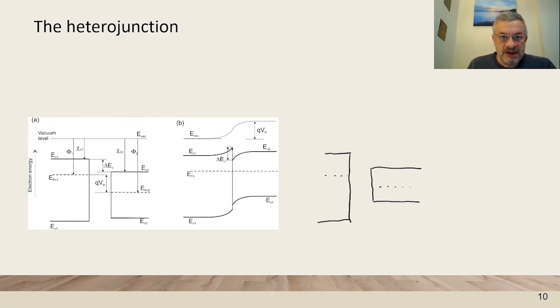So there is a step here of the conduction band and a step of the valence band. But this is a step of the electron affinity, and it's not a step of the potential, because under vacuum level alignment, the potential is smooth.